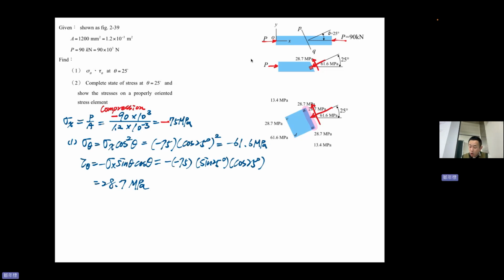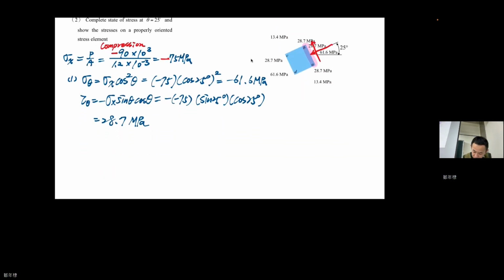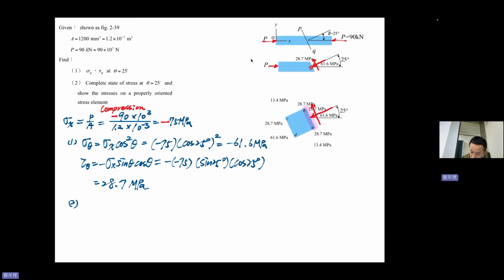Okay. However, we need to complete this stress element. We also have three surfaces that need to be completed. So we need to do that further. Now we are going to draw this surface.